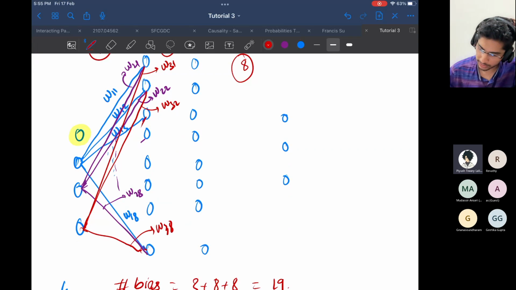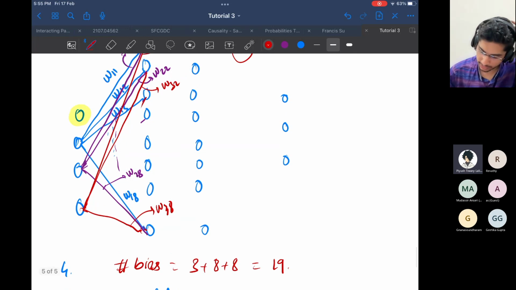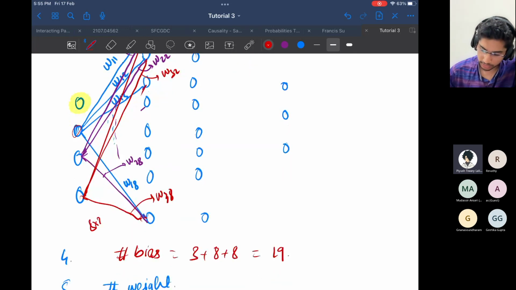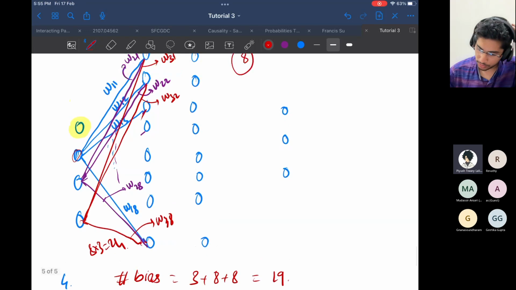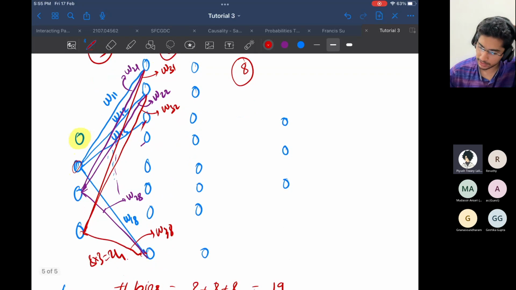So what is the total number of weight parameters that we are seeing? Each of them had 8, and there are three such, so 8 into 3, which is 24.